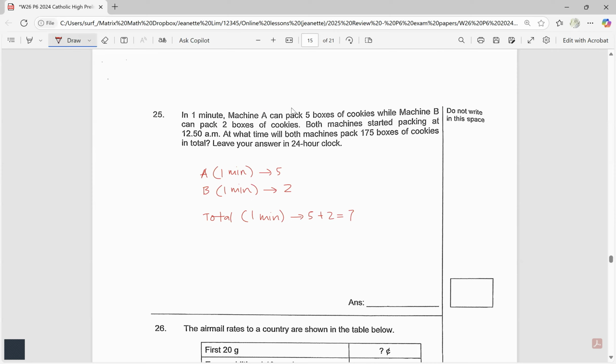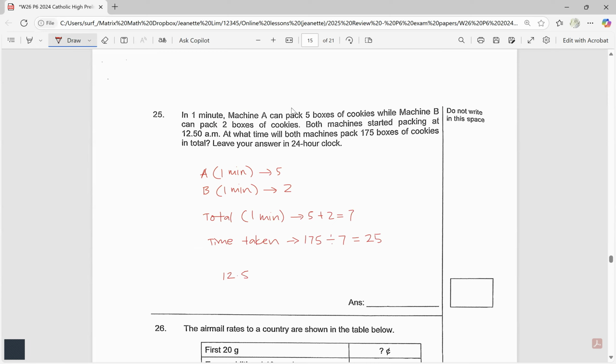You have 175 boxes to pack. So the time taken would be 175 divided by 7 because 7 is every minute. And you get 25, so 25 minutes.